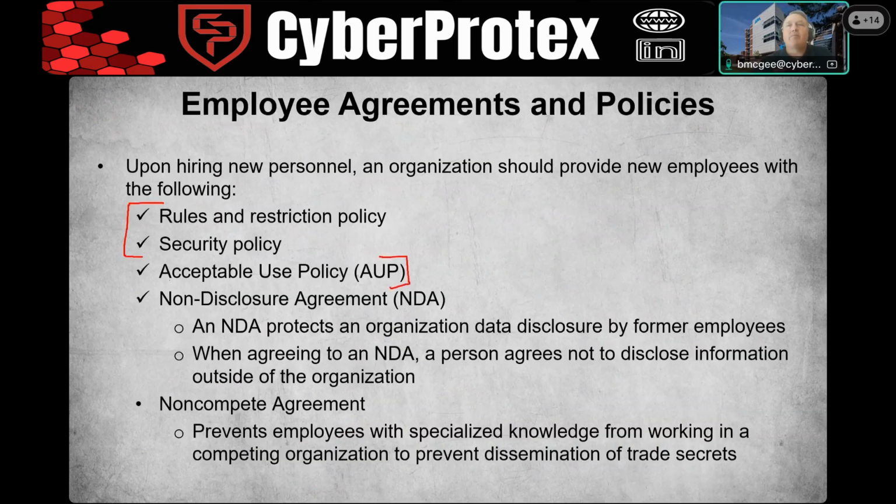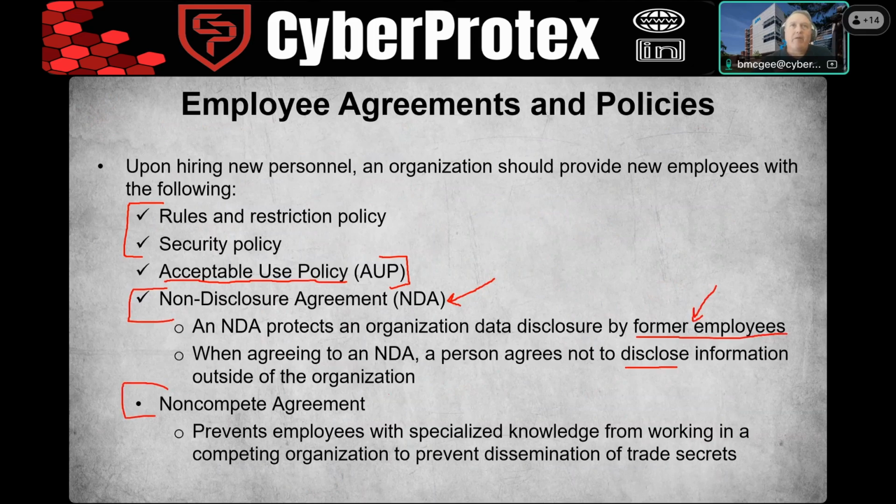The acceptable use policy is the splash page that you'll typically see when you're logging onto the network, saying everything you're about to do is being recorded, not only for quality assurance purposes, but just in case you do something you shouldn't be doing. In addition to that acceptable use policy, we have these things called an NDA. That's a non-disclosure agreement that former employees are reminded of when they leave, that they signed a non-disclosure agreement to make sure that they don't tell people what we were working on.